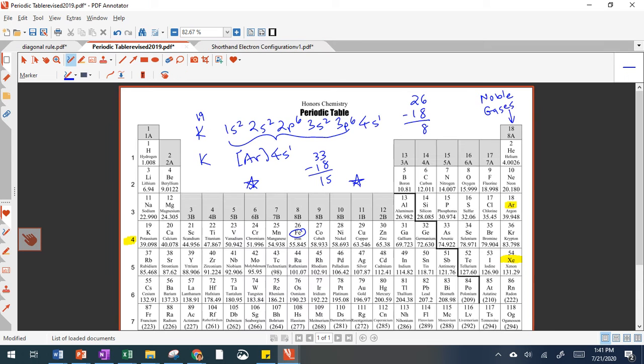Now let's look at how many more electrons we have. We have 79 minus 54. That's going to be 25 more electrons than xenon.